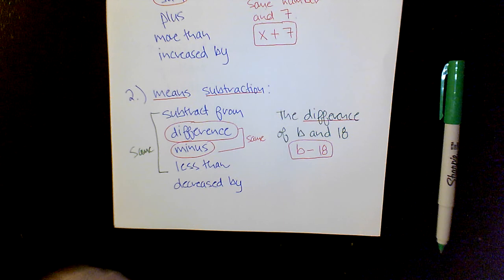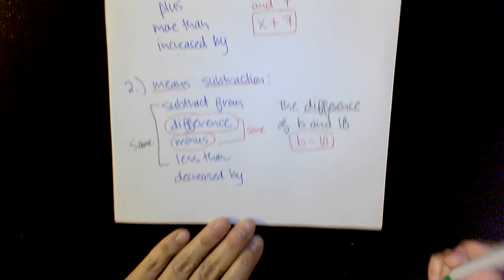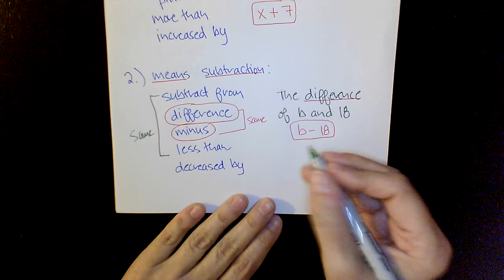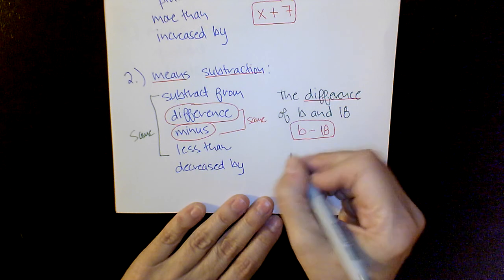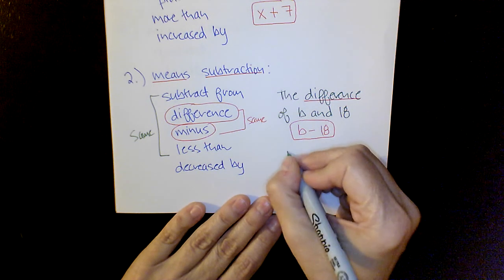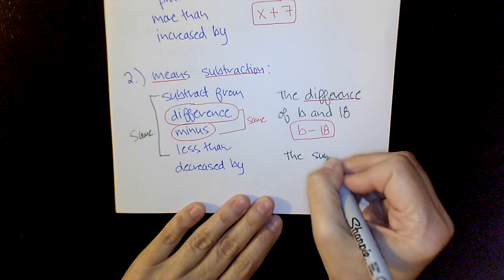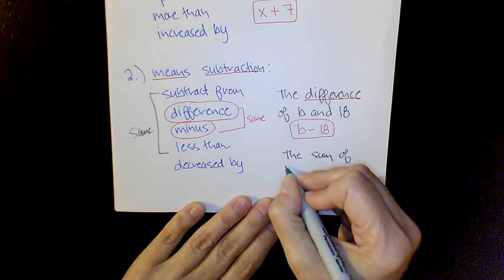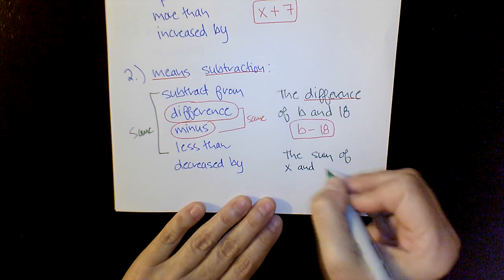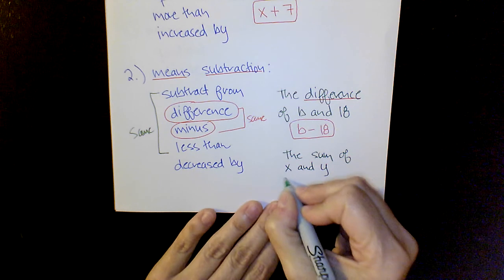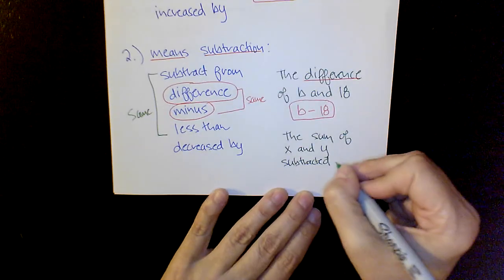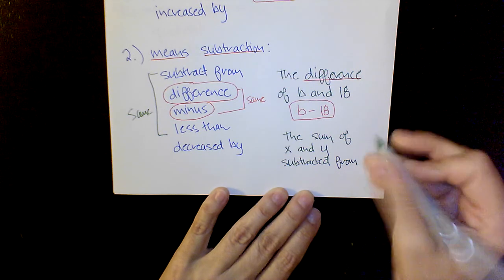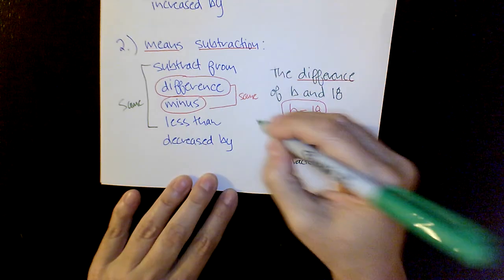But for subtract from and less than, it's a little bit different, so I want to show you a subtract from example: the sum of x and y subtracted from 9.